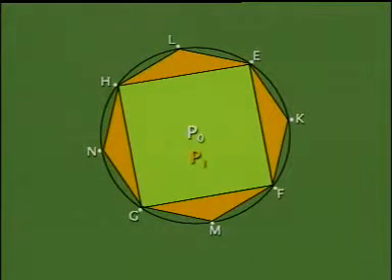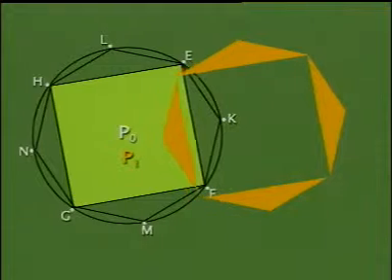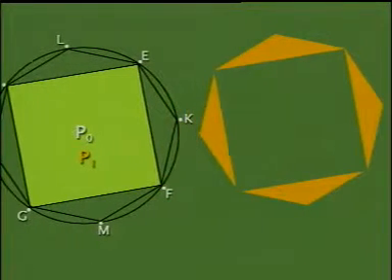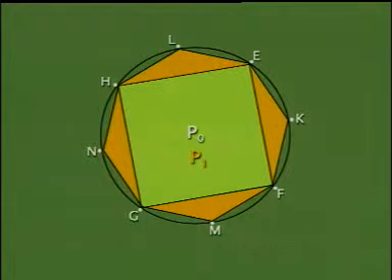Here, we may notice that this remaining area of octagon P1 is 4 times the area of the triangle EKF because of the symmetry. Also, it is clear that the area of the triangle EKF is half the area of the rectangle EFF'E'.